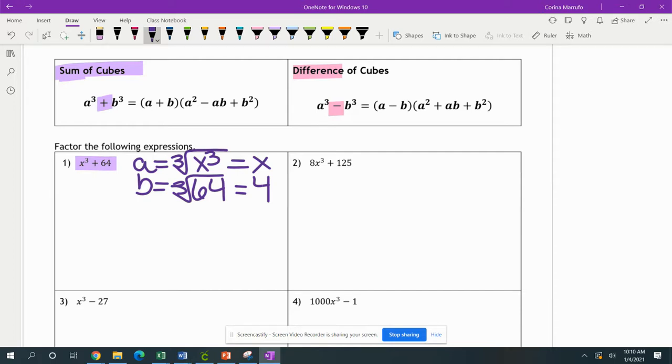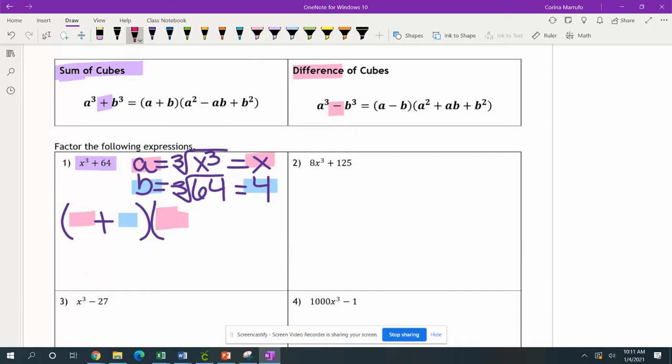Then I'm going to go ahead and write down the formula. So it is going to be a plus b, a, and then plus b is 4. And then we open up parentheses again. And then we have a to the second power.